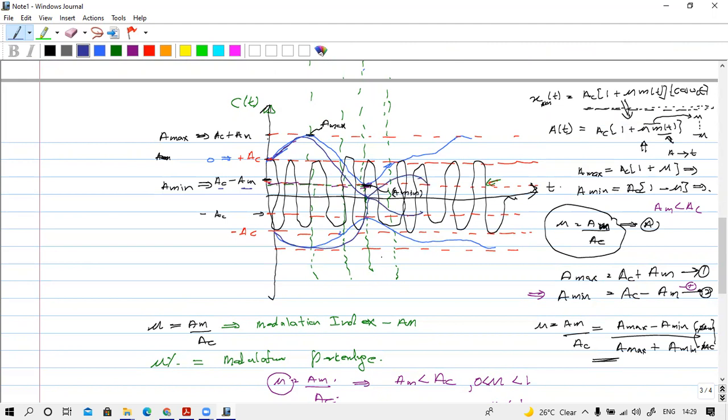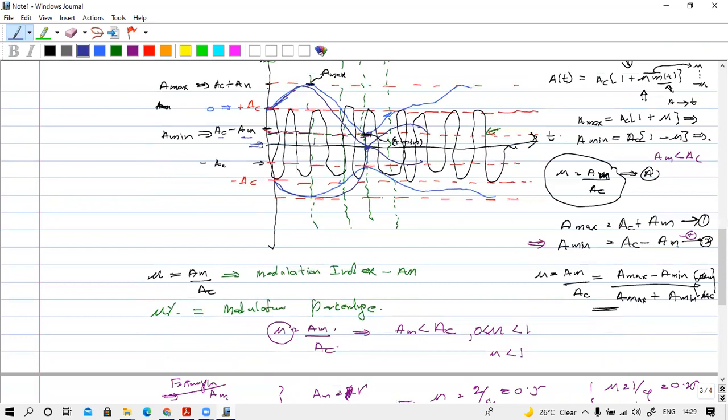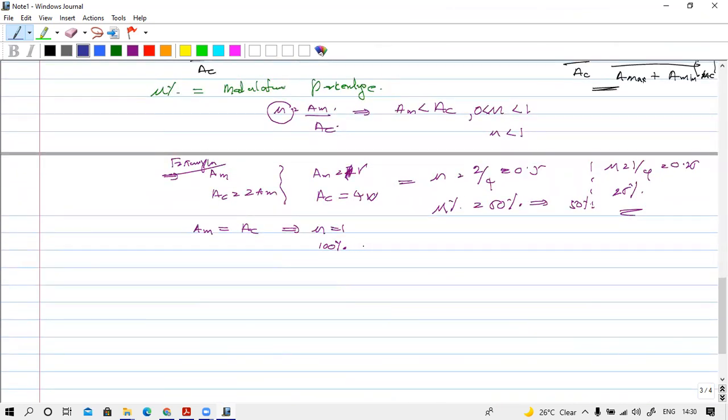So you can see that if AM is equal to AC, that is mu is equal to 1, it touches the 0 line, the time axis. So at 100% modulation, the envelope of the modulated signal touches the time axis. At that time also we can somehow get the envelope.